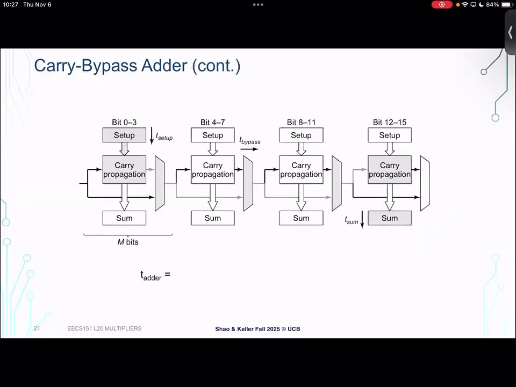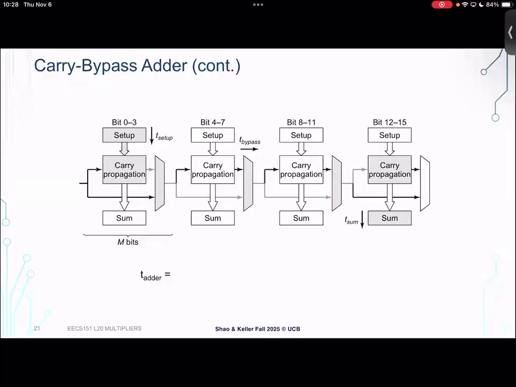Okay, let me try to illustrate what I mean by calculating the critical path for the carry bypass adder, which is going to be considerably more complicated than the ripple adder, but you're going to see how it saves us time. Okay, so keep in mind in these setup blocks, this is where we're doing the propagate generate calculation for each bit, right?